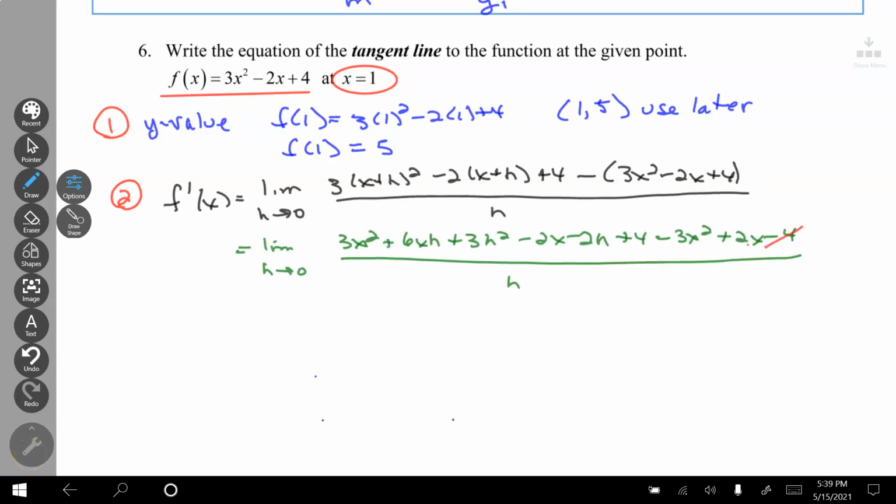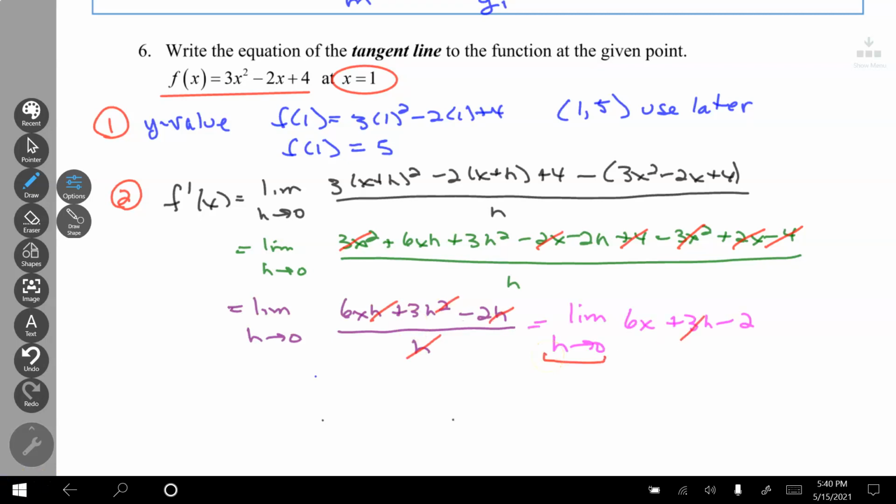I could cancel out terms in the numerator. I could cancel out 1 h everywhere like we've been doing. I can set my h equal to 0, and I have f prime of x in general is equal to 6x minus 2.